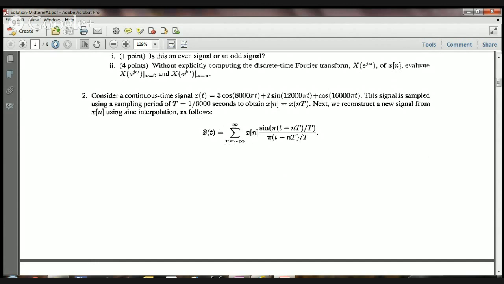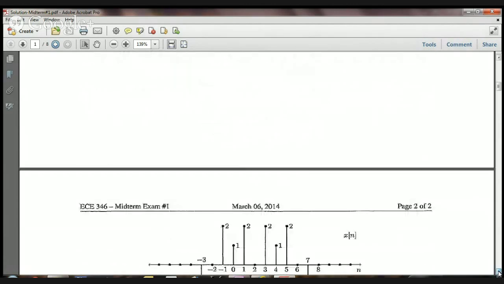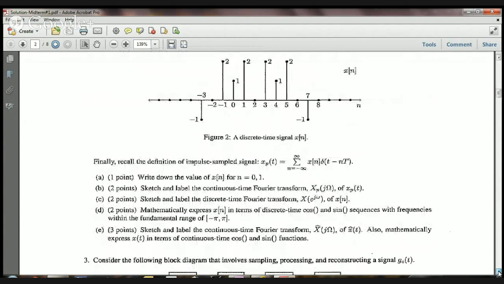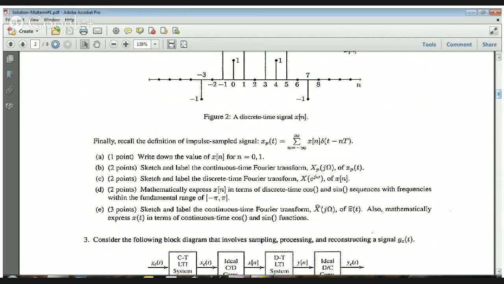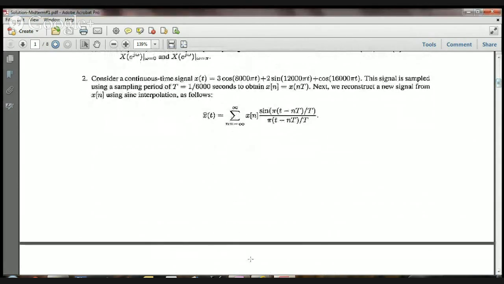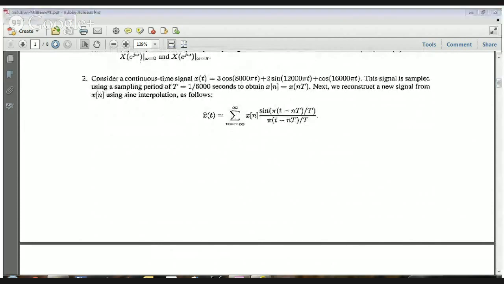So you're given the sinc interpolation formula. And what you are asked in 2A is to sketch and label the continuous time Fourier transform of x hat of t and mathematically express x of t in terms of continuous time cosine and sine functions. So we'll go over that problem.